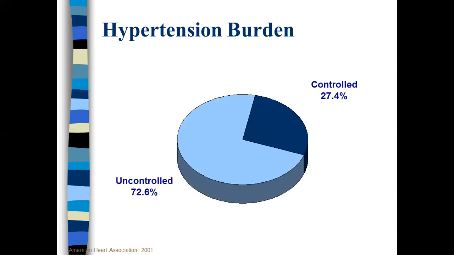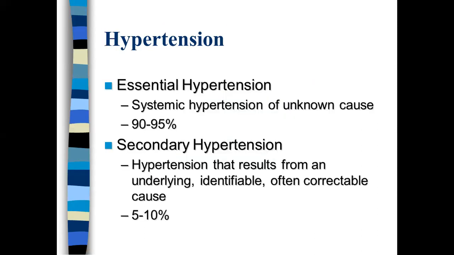Actually, secondary hypertension constitutes about 5 to 10% of the hypertensive population, which is actually not a small number of patients.